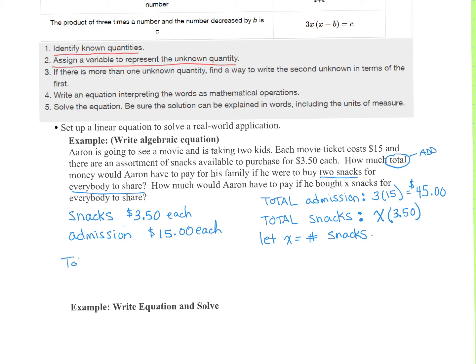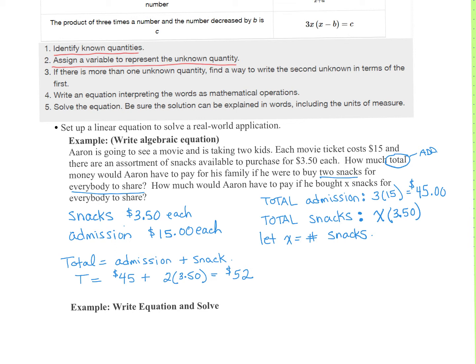So in that case, the total would be the admission cost plus the snack cost, which would be $45 plus 2 snacks at $3.50, which is another $7, so $52.